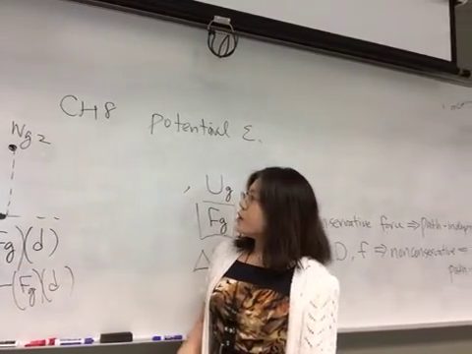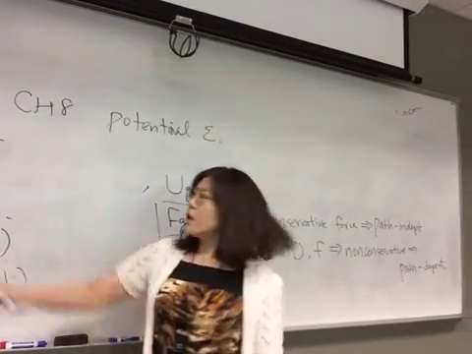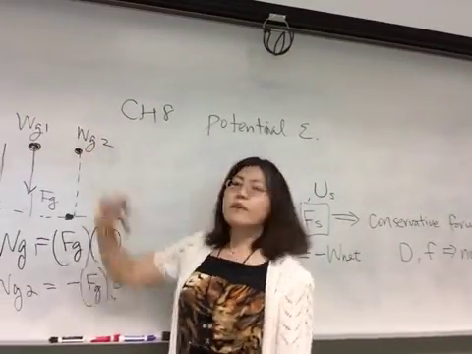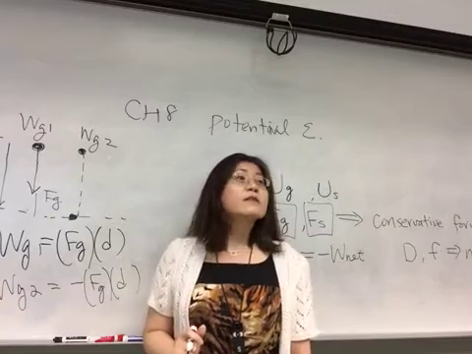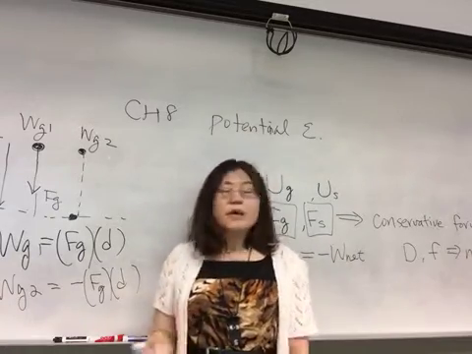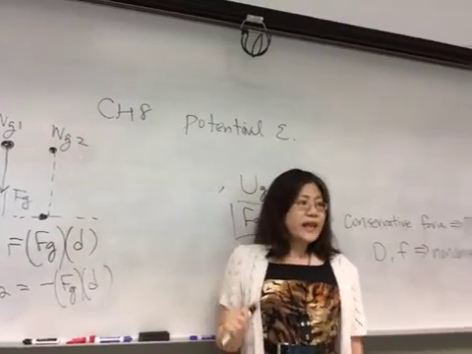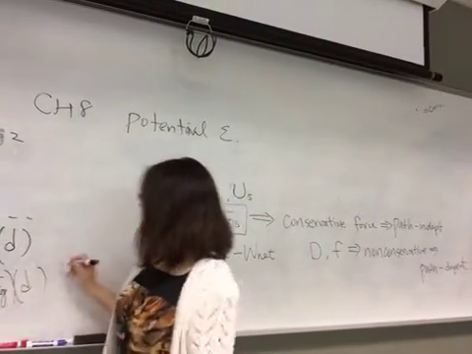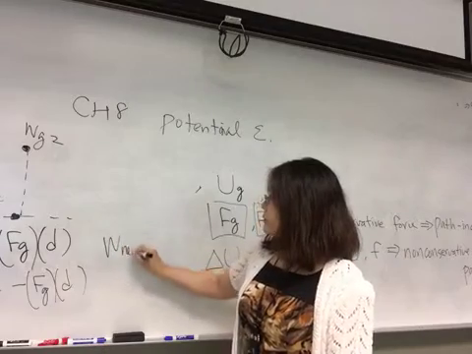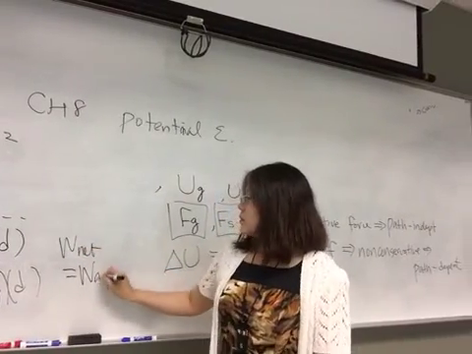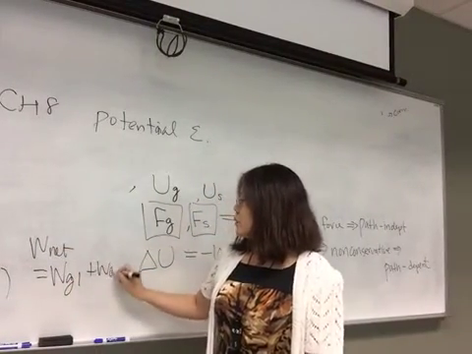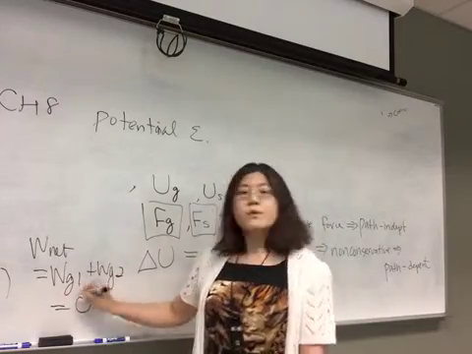So what is the net work when you go from this point and then back to the original starting point? That will be 0, right? Because when you add those two together, one is positive and one is negative. The net work is Wg1 plus Wg2, and that will just give you 0.